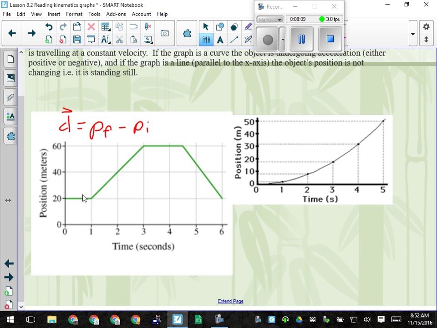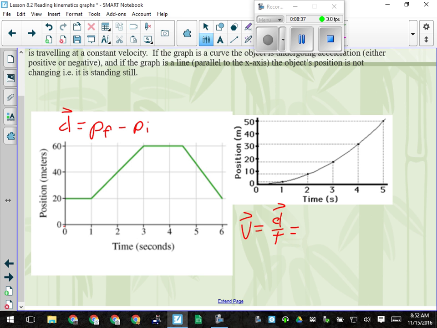All right, what if I asked you to calculate the average velocity between 0 and 3 seconds? How would I calculate the average velocity between 0 and 3 seconds? I would do v equals d over t, right?